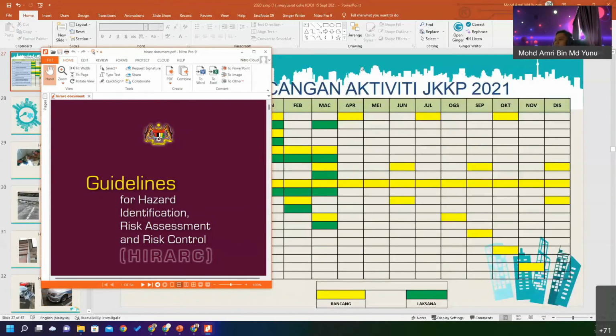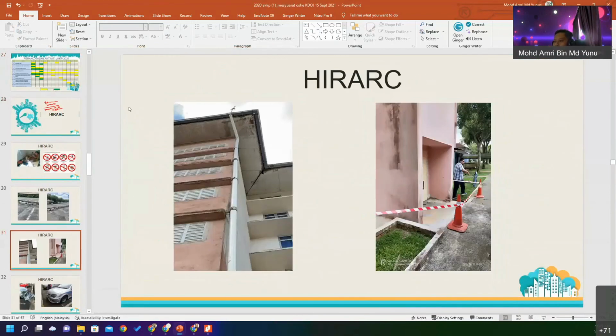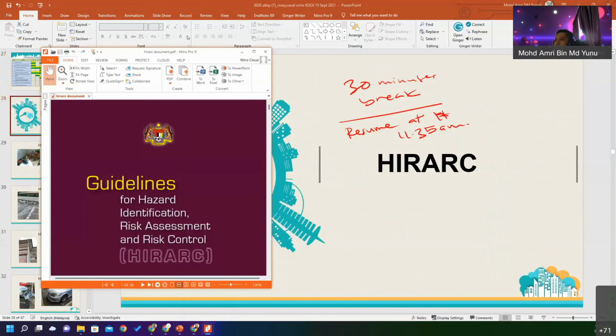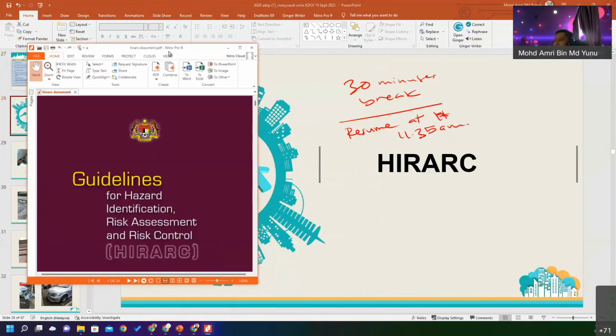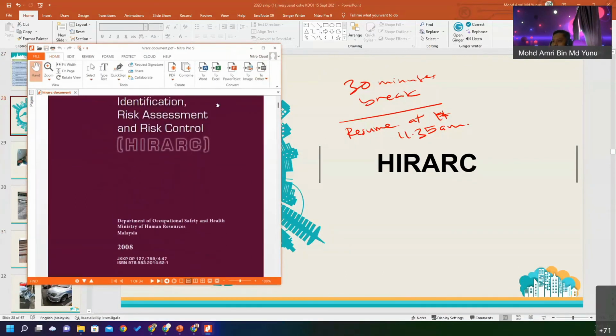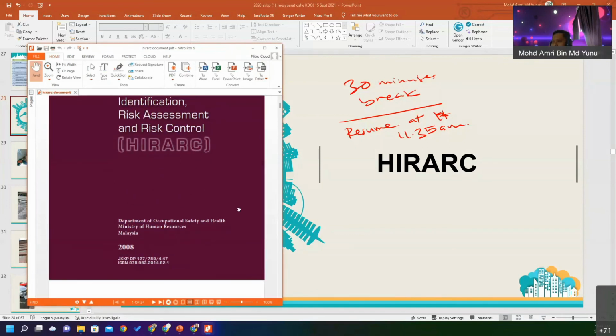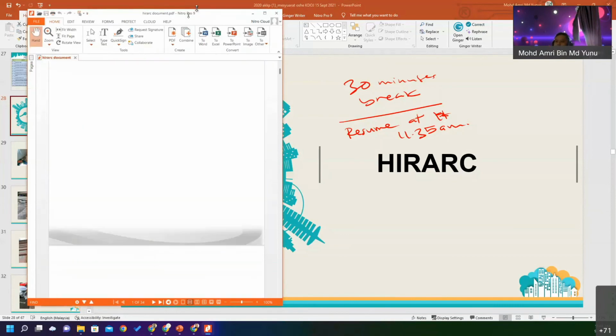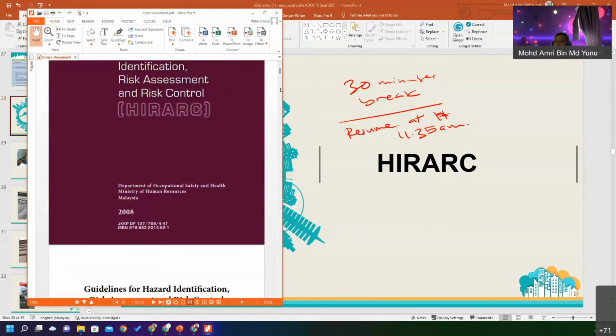So you see here, this is actually the HIRARC, the hazard identification risk assessment guidelines provided by the Department of Occupational Safety and Health under the Ministry of Human Resources. This is the 2018 guideline.